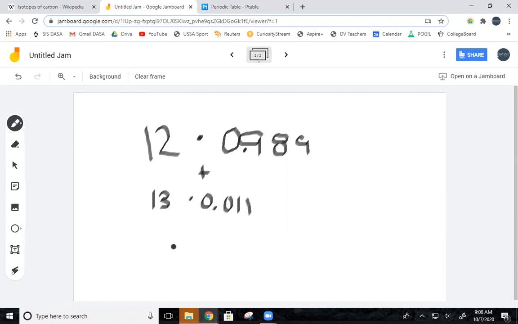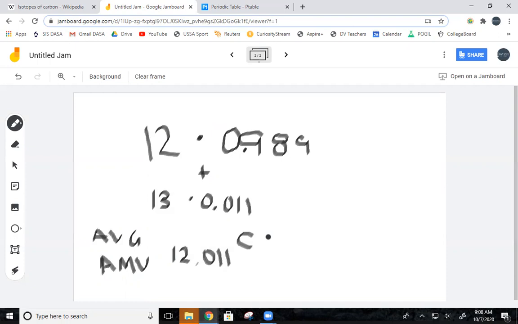And that gives us 12.011. So this is the average mass in AMUs for carbon. Do you see how that works?